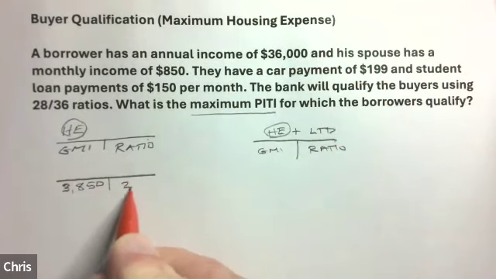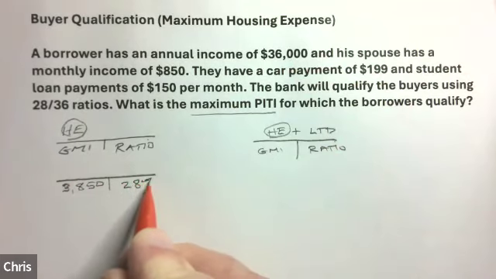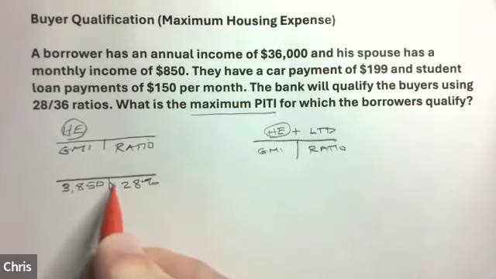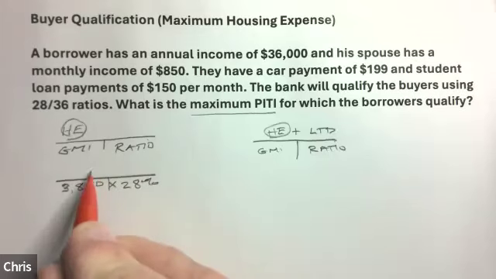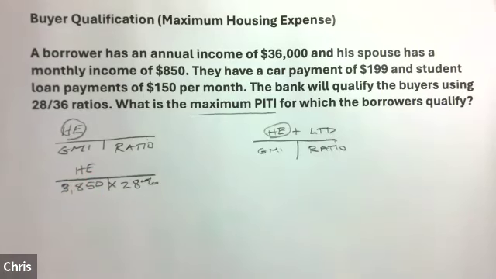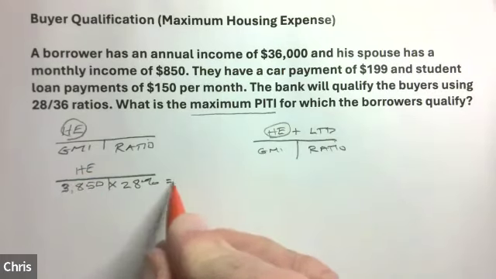And the bank is setting them up on a 28% ratio, fairly standard for conventional loans for our purposes. Okay. And of course, we're looking for housing expense. So with this one step, we're actually finished with the front end of this. 3,850 times, what's that, 28%, is 1,078.